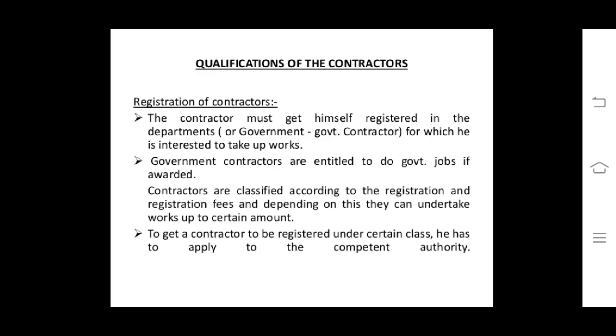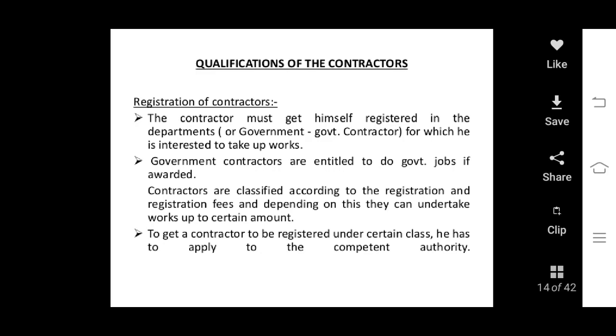Qualification of the contractors. It is the most important document for tendering documents. Registration of contractors: the contractor must get himself registered in the department or government for which he is interested to take up works.